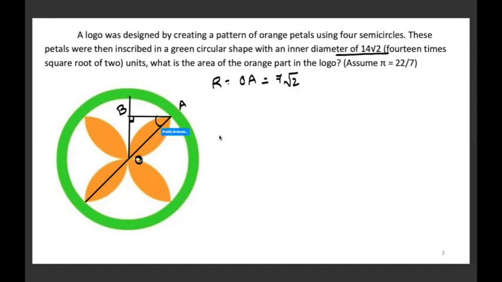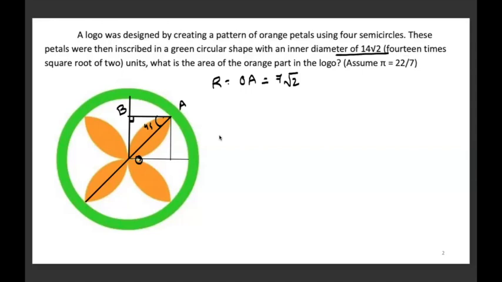Also, we know this angle will be 45 degrees. Why? Because here, if I just construct a square like this, what we'll be getting here is a 90 degree angle, and this OA as a diagonal will be bisecting it. So this angle is 45, that way.